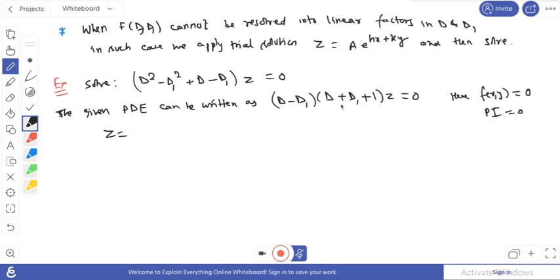So if we take the first one, so here this d minus d1, okay, so what is the value of a and b?